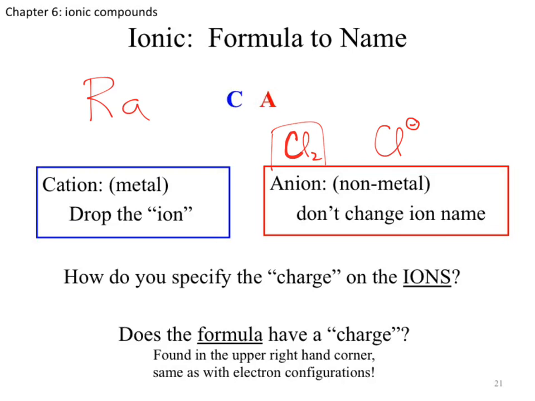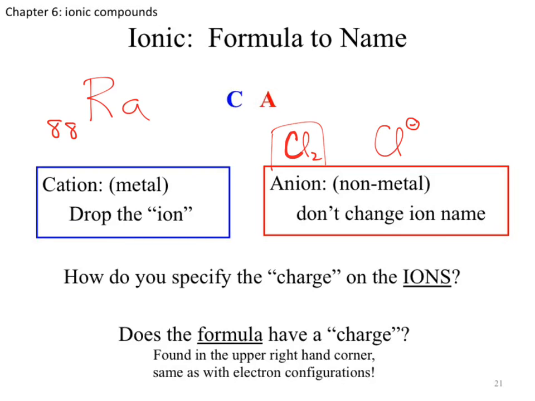It's the atomic number. Where's the atomic number written right now? It's not, so I need to specify it. What is the atomic number for Ra? 88. Where do I write that number? The bottom left. I now know the number of protons. It's 88.